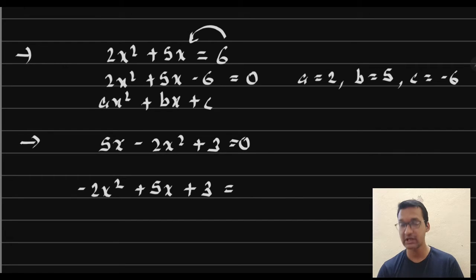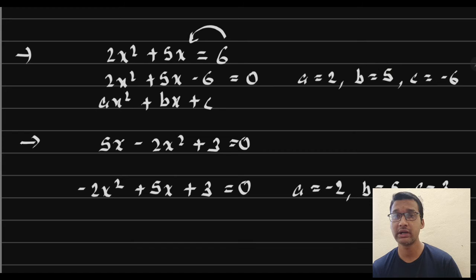This is the standard form of the equation. This will give you what a is, that is minus 2, b which is 5 and c which is plus 3. So writing the quadratic equation in standard form gives us what a, b and c are.